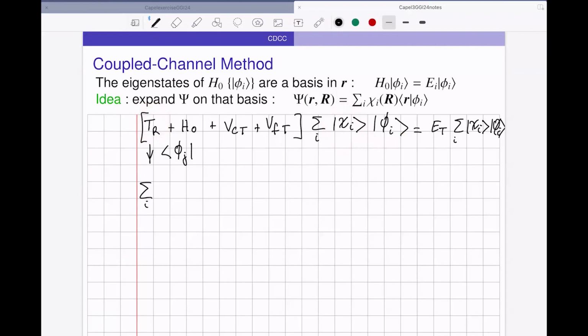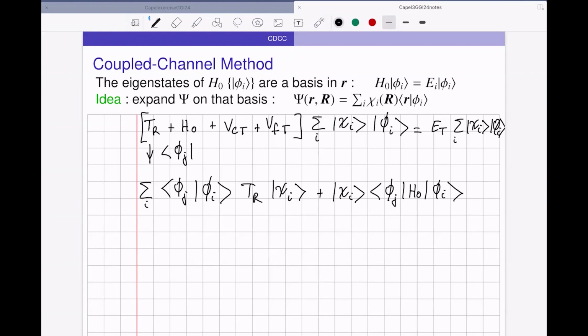So what I will have is phi j, phi i, T_R on psi i, plus phi j H naught phi i, plus phi j V_CT plus V_FT phi i.